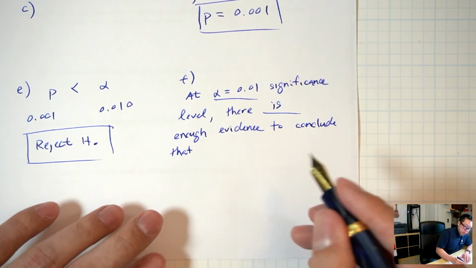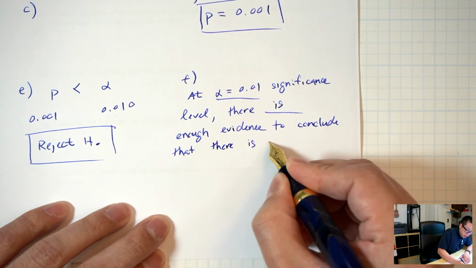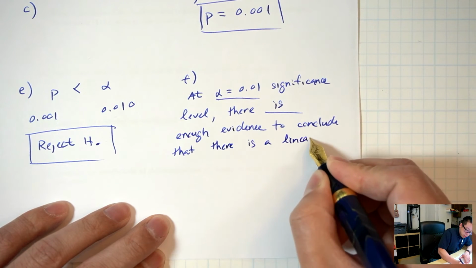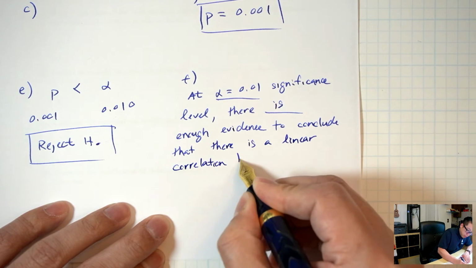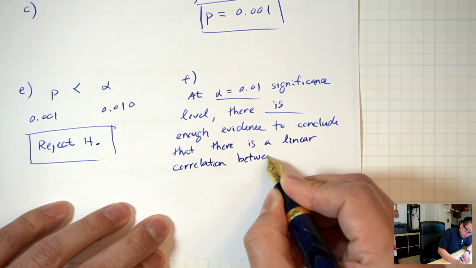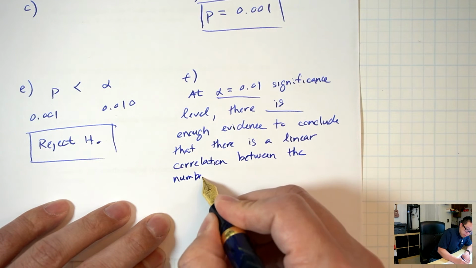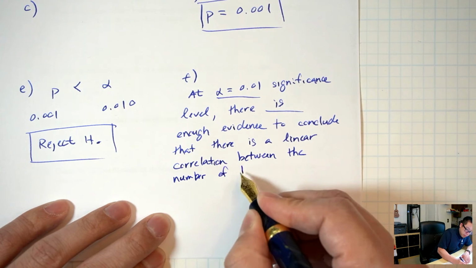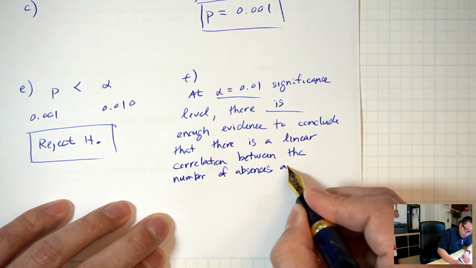There is enough evidence to conclude that there is a linear correlation between the number of absences and the grade of a student.